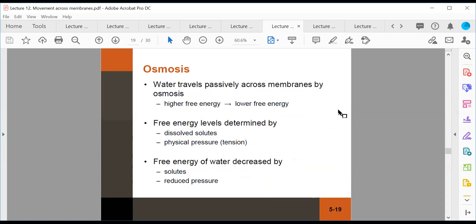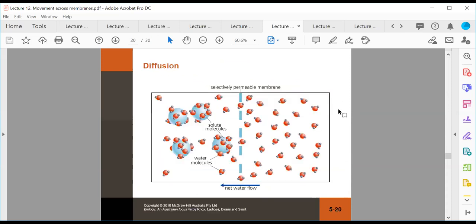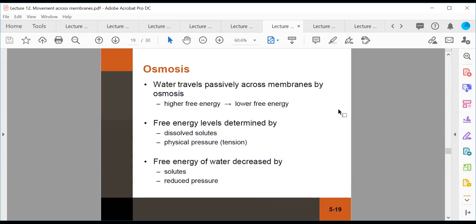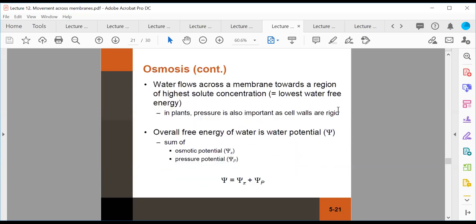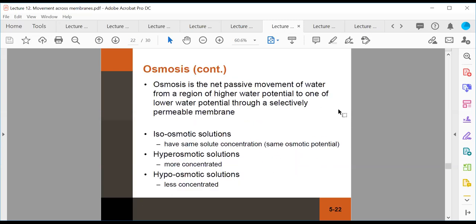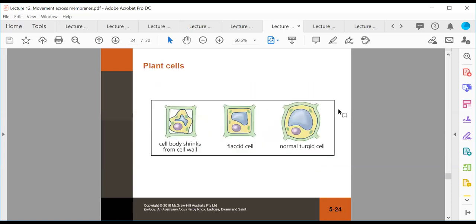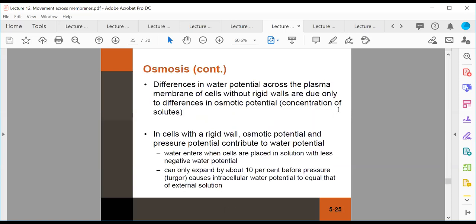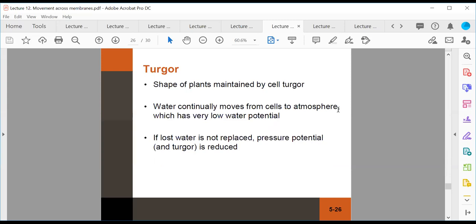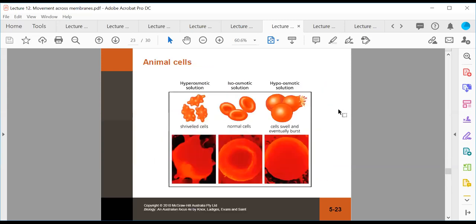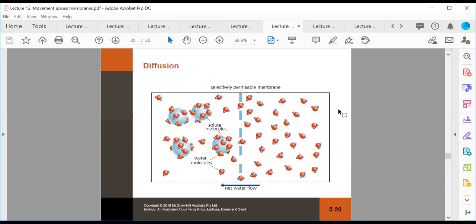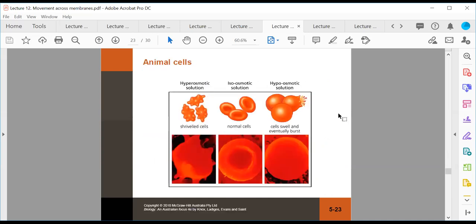Be very familiar with this concept of osmosis. We've got a few slides here where we're really talking about osmosis, so make sure that you revise all these concepts.